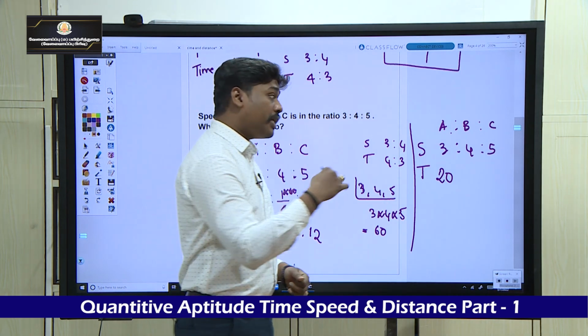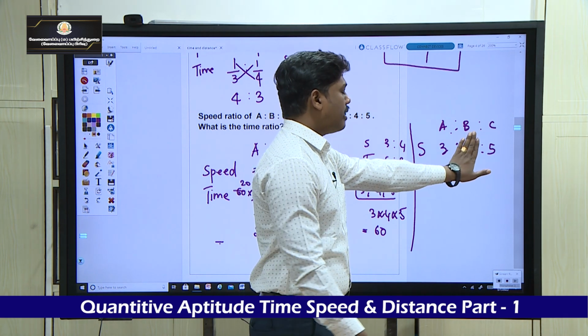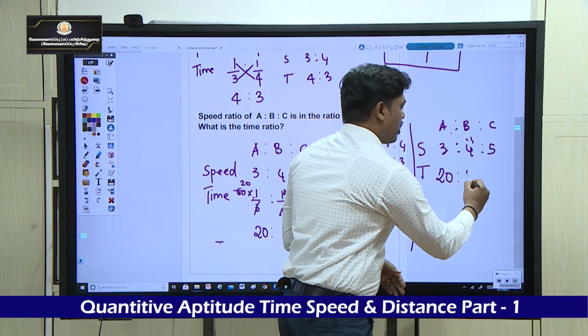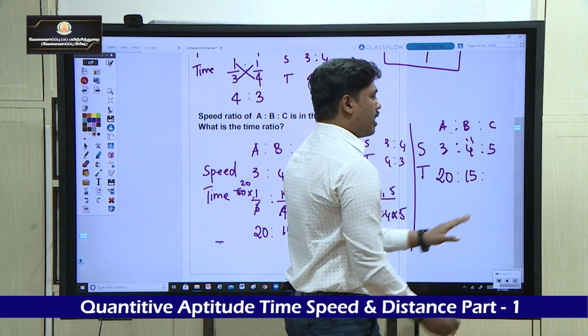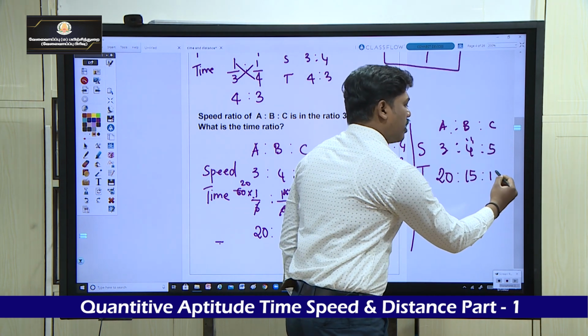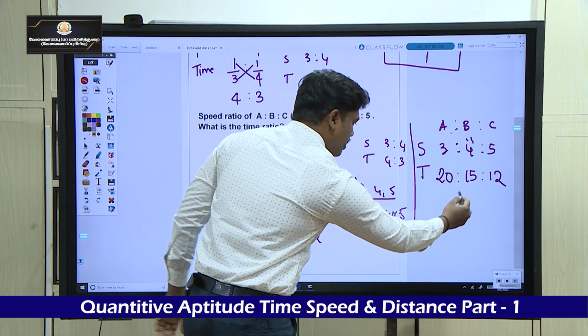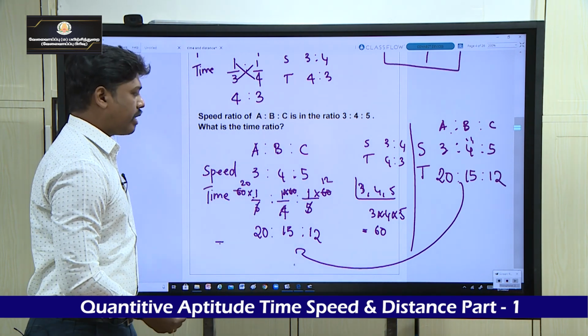To find the time ratio for B, hide the value of B and multiply 3 into 5. You will get 15. And for C, hide the C value and multiply A and B. 3 into 4, you will get 12. So you will get the same values here. Is that clear?